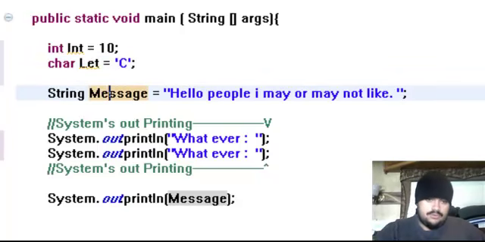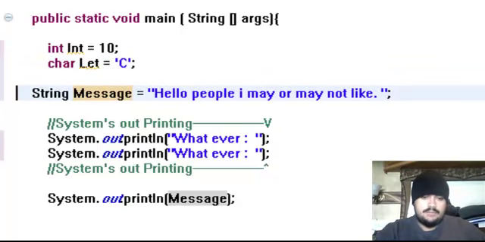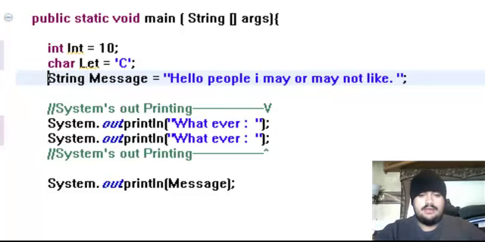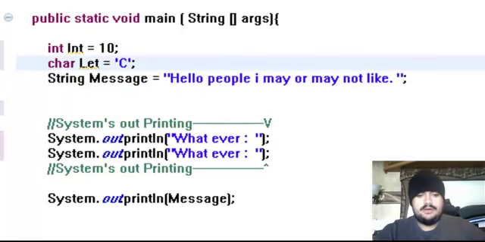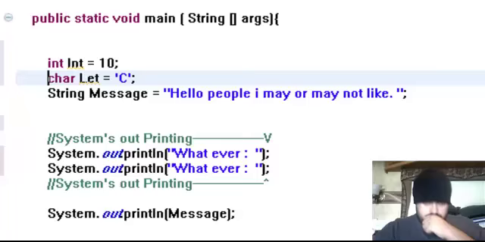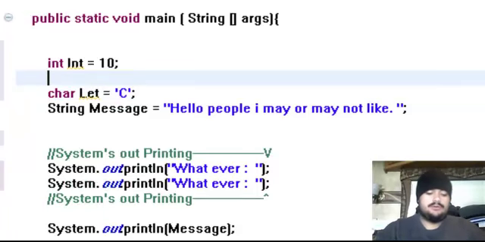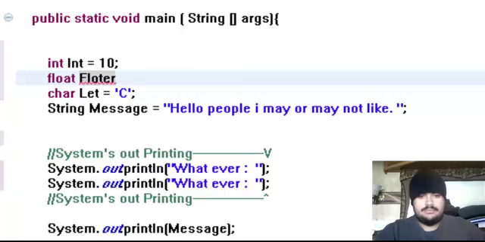We'll move string up with it because it is a data type. In between int and char, we're going to put float, F-L-O-A-T. We're going to call this one floater, flotter, whatever, it's my video. Call it flotter, and we're going to set it to 5.5f.